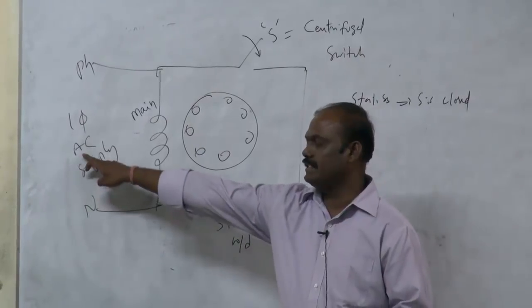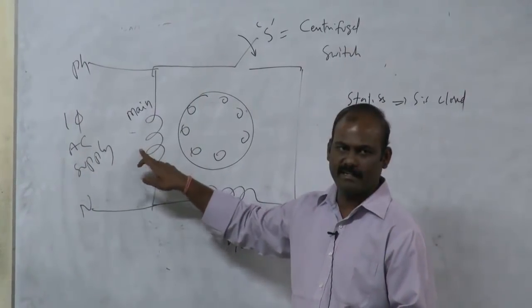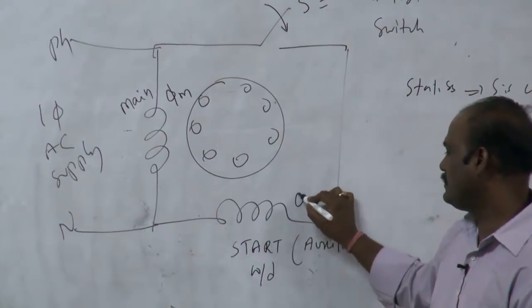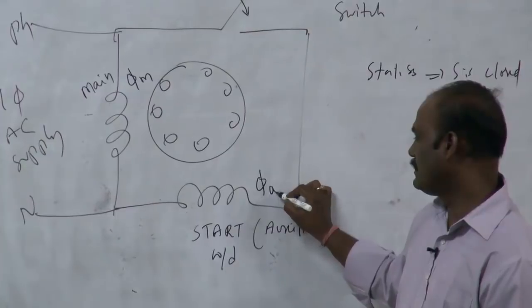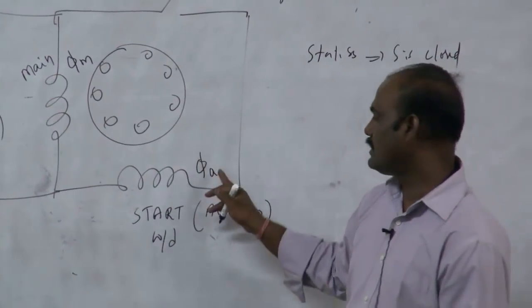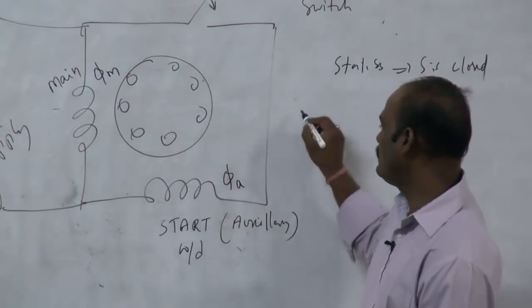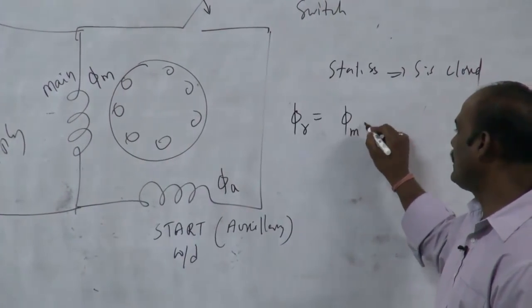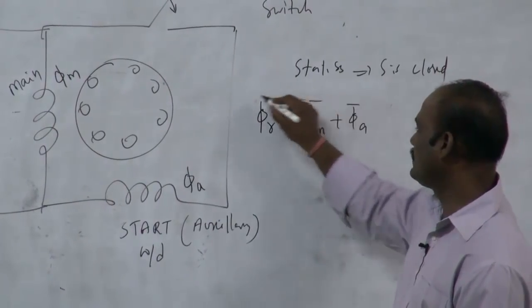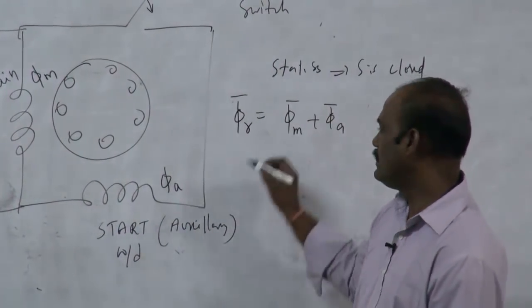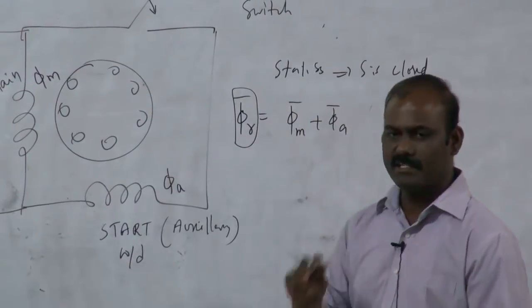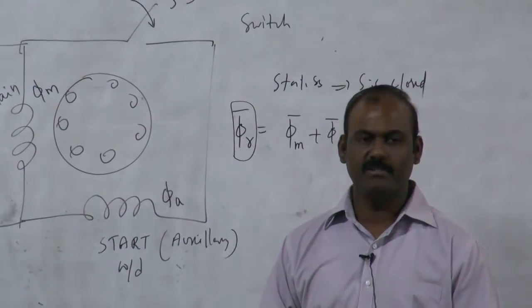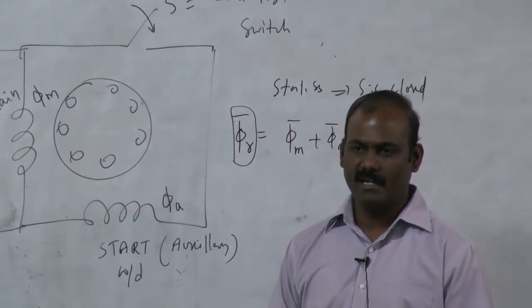When you give single phase AC supply, 2 fields will be created. One is main field phi m, another is auxiliary field, that is phi a. So resultant of phi a and phi m will be phi r, right? So phi r can be resultant of phi m plus phi a, phasor equivalent. So that this phi r will be resolved into the air gap between stator and rotor, so that the torque will be produced in the rotor, thereby the rotor starts rotating.